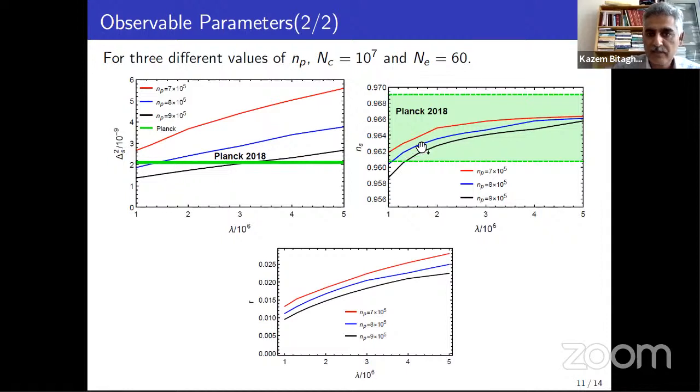Also for n_s, the validity region is here versus lambda. And for small r, we see that all 3 curves here are larger than 0.07 and less than the larger value that I showed you in the previous slide for small r.